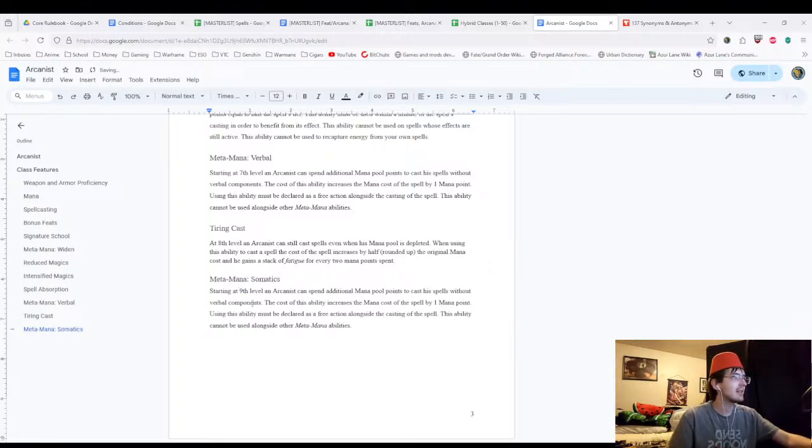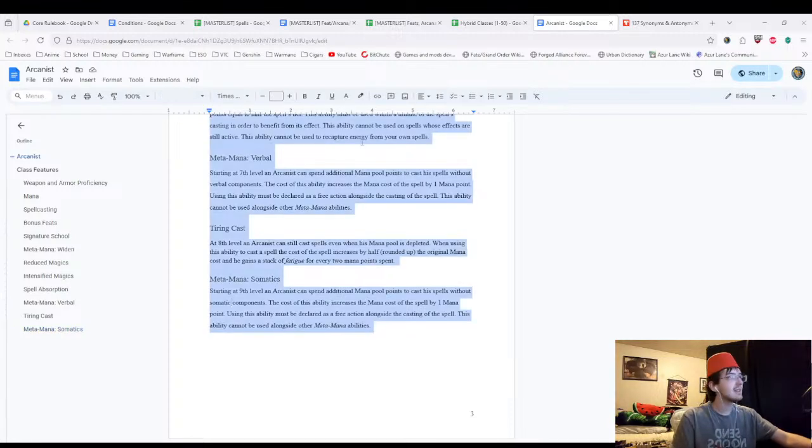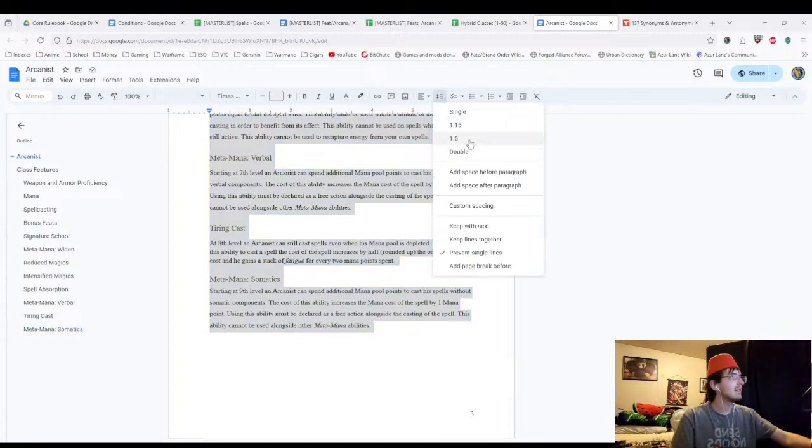An Arcanist can cast spells without somatic components. Somatic components increase the mana cost by 1 mana point, alongside the spell. This cannot be used. Simple and clean. You know, you get Verbal, and then you get Tiring Cast, and then you get Metamana Somatics.